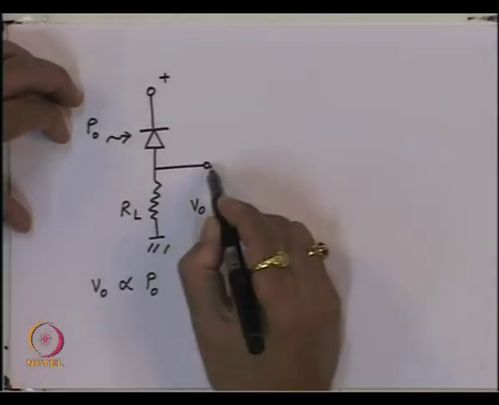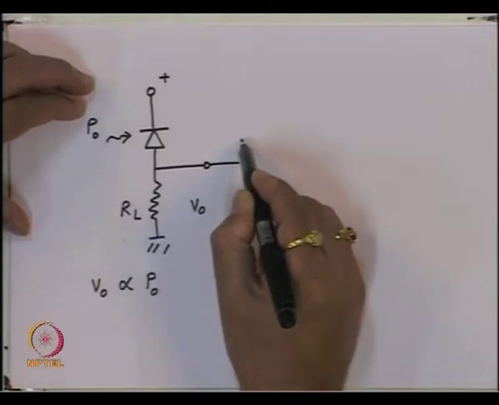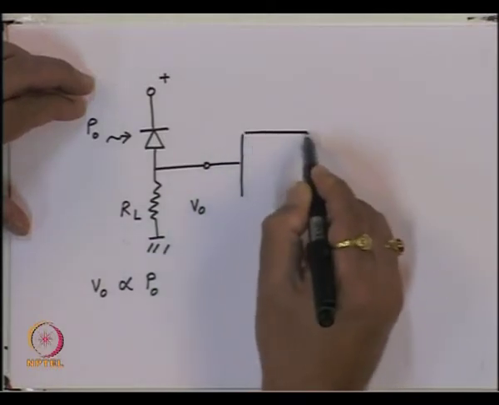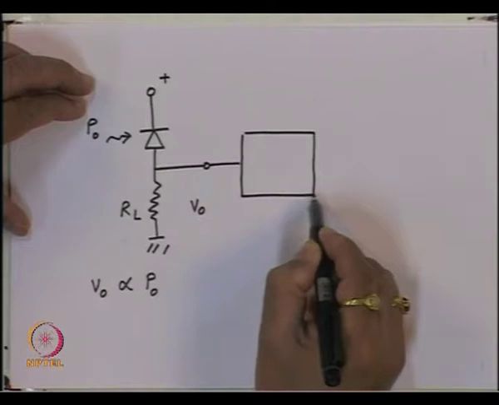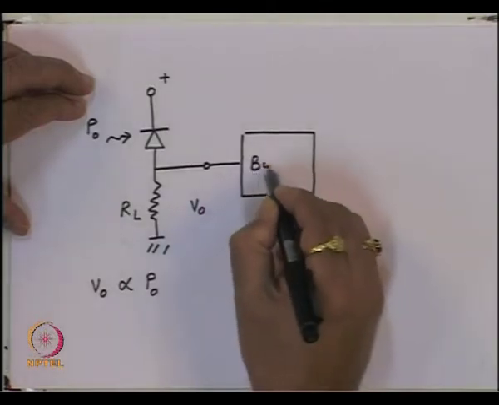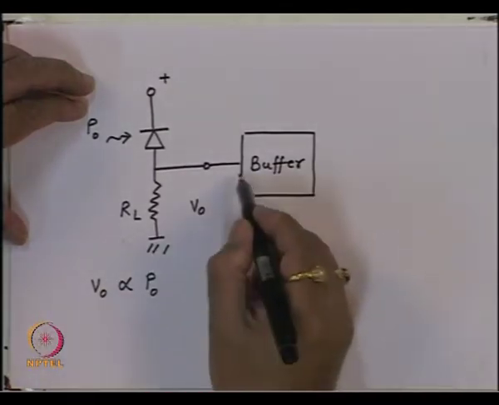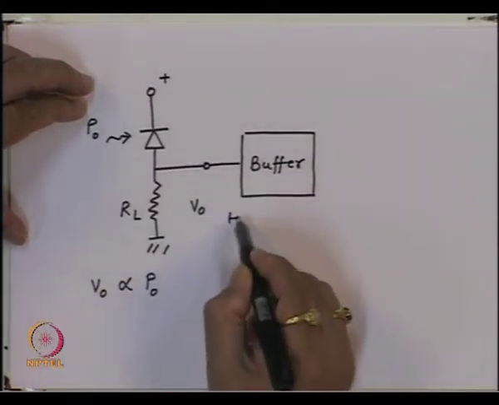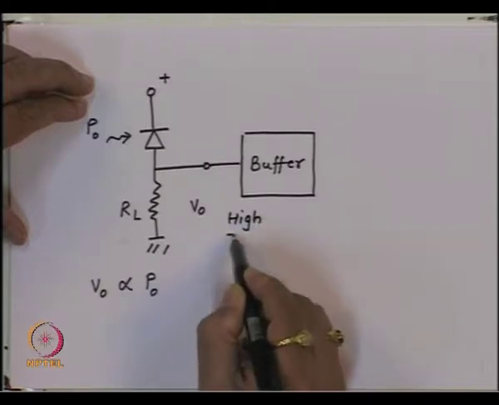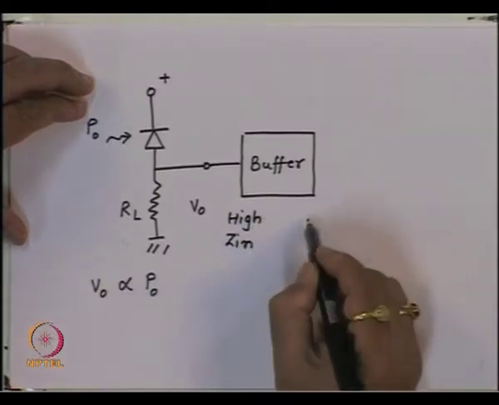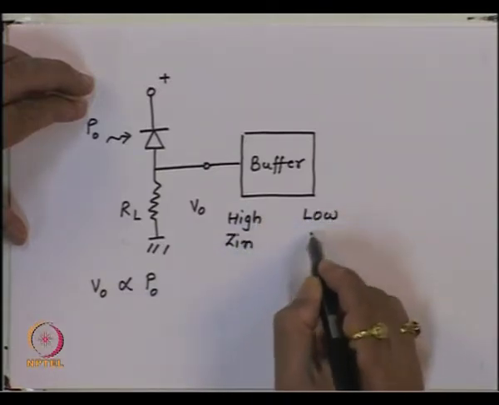So what we will do is, you take this output and pass it through a buffer, which has high input impedance, high Zin, and low output impedance.